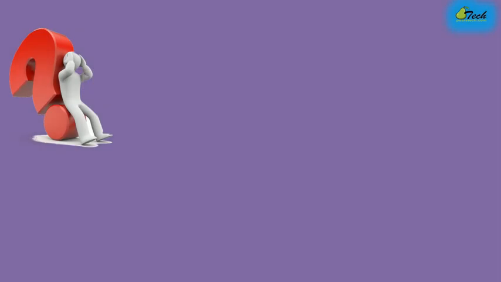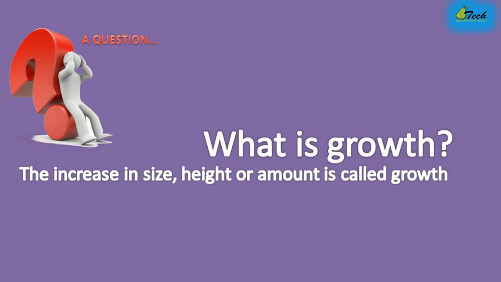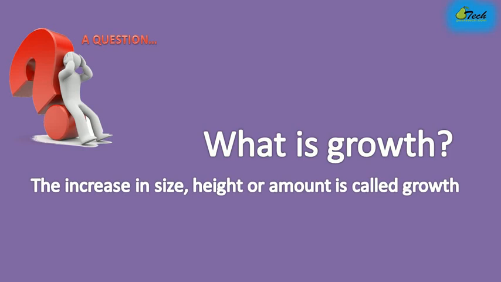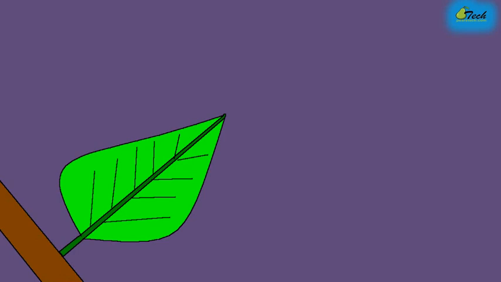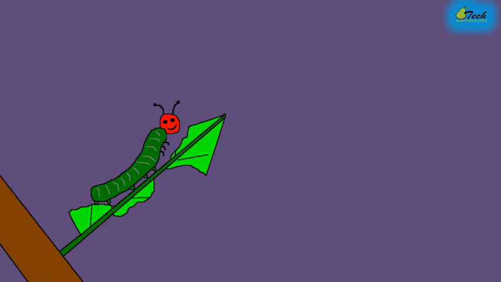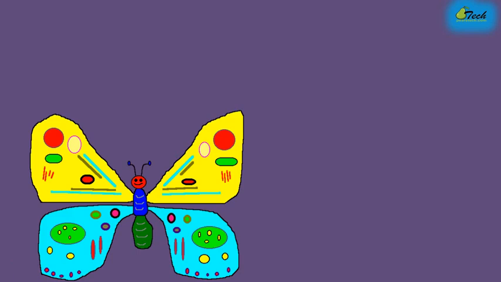Now let's see, there's a question for you over here. What is growth? The answer is the same: the increase in size, height or amount is called growth. Look very closely at what's happening to this caterpillar. The caterpillar starts to eat those leaves, and it changes into a beautiful butterfly.